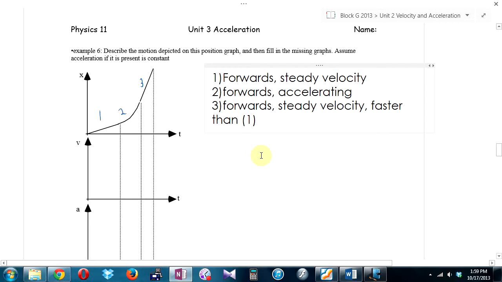Curve or straight line, and how do you know? Straight. Why straight? Steady velocity. I think section 1 looks like that. Higher or lower, but what I'd be looking for is a horizontal line, because that's saying a positive, constant velocity.